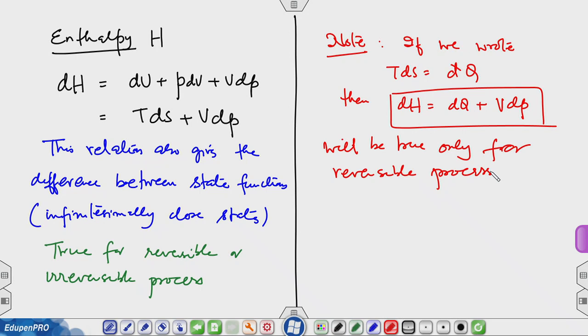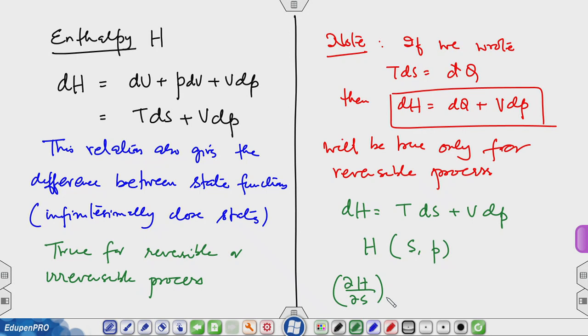So, in this case, since dH is equal to T dS plus V dP, H is a function of S and P. And it is easily seen that partial H with respect to S at constant pressure is equal to the temperature, and partial H with respect to P at constant entropy is equal to the volume.